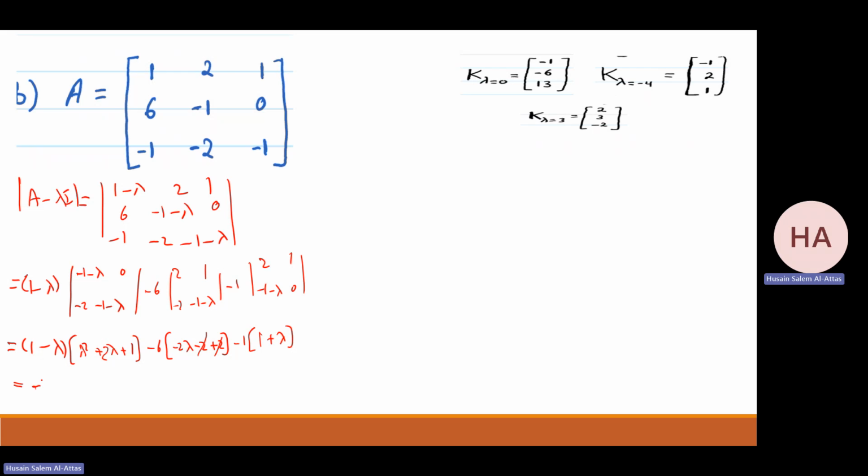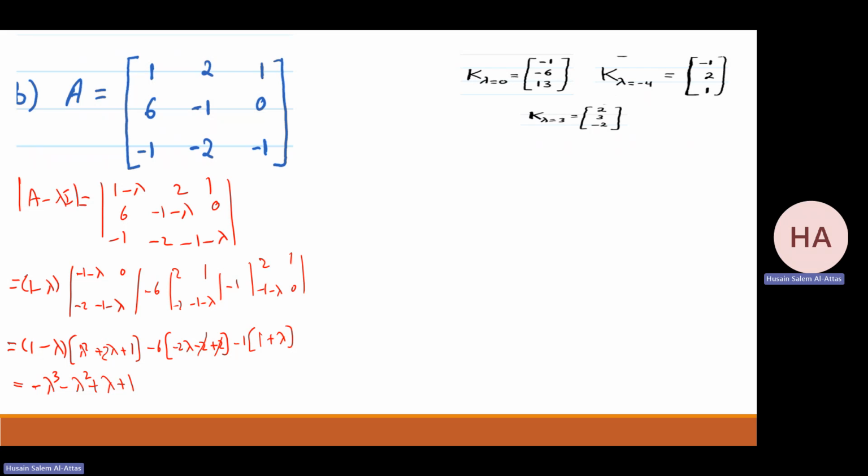So I have what? Minus lambda cubed. I have minus 2 lambda square plus lambda square. That will be minus lambda square. Okay. I have what? 2 lambda minus lambda. That is plus lambda, plus 1.